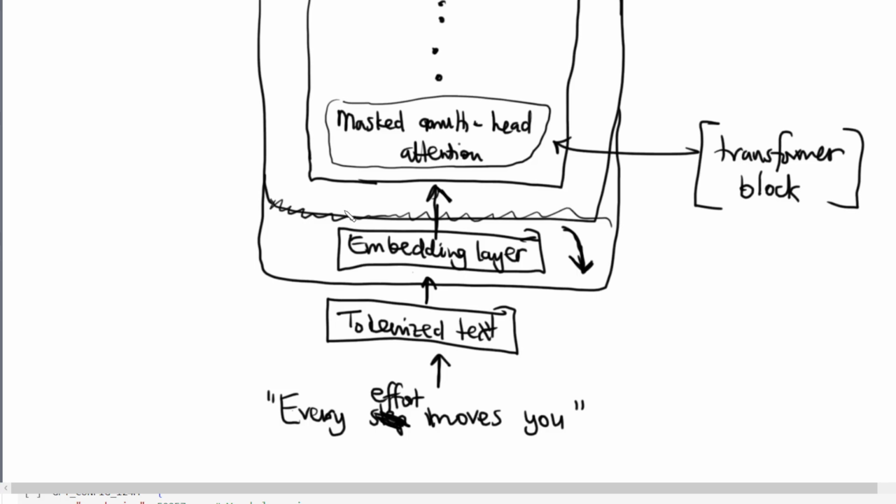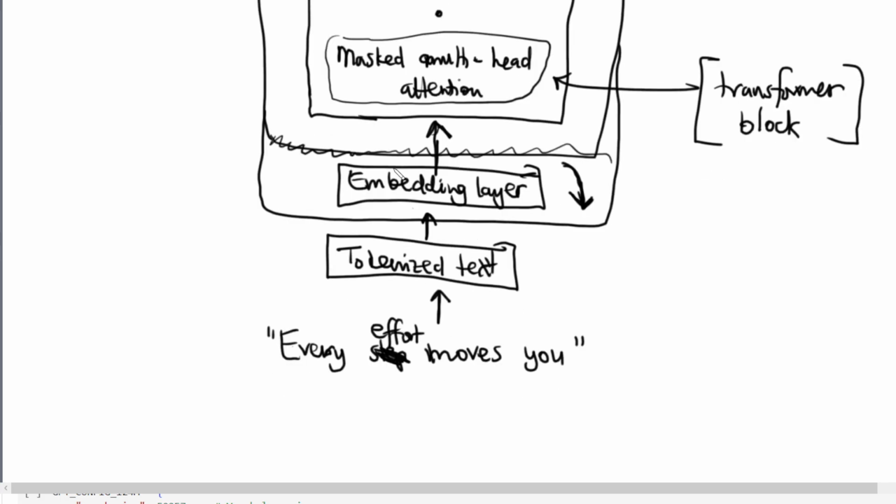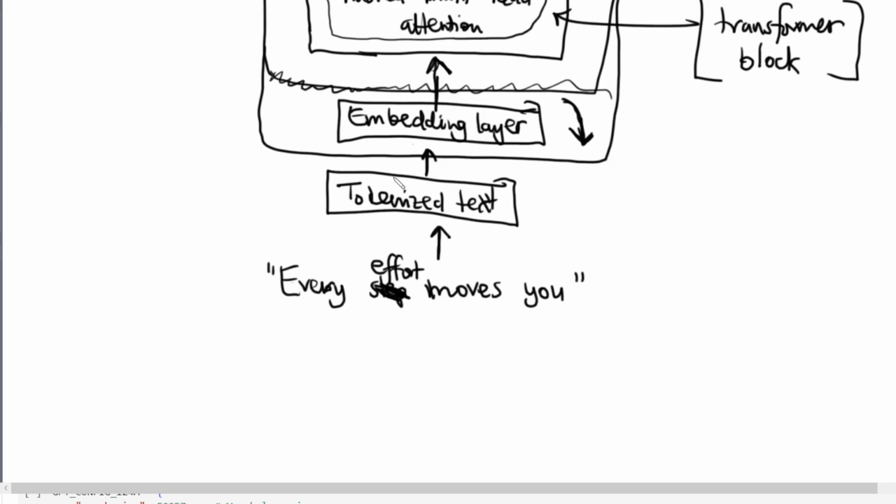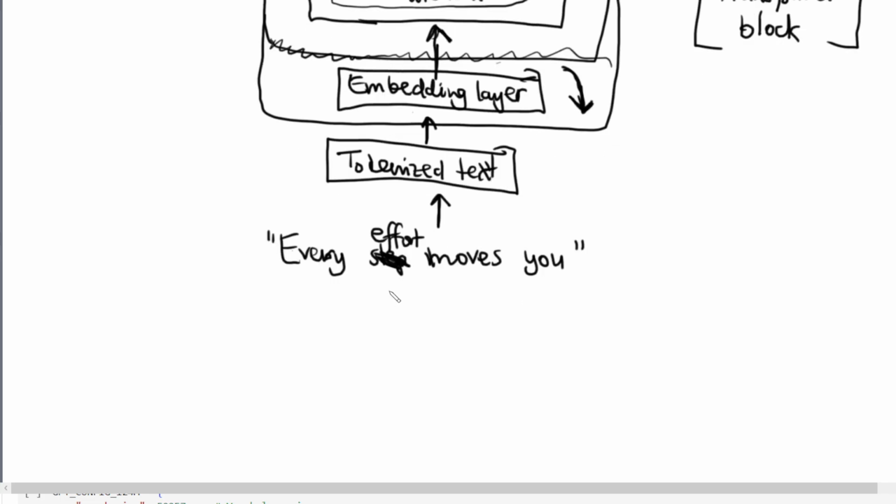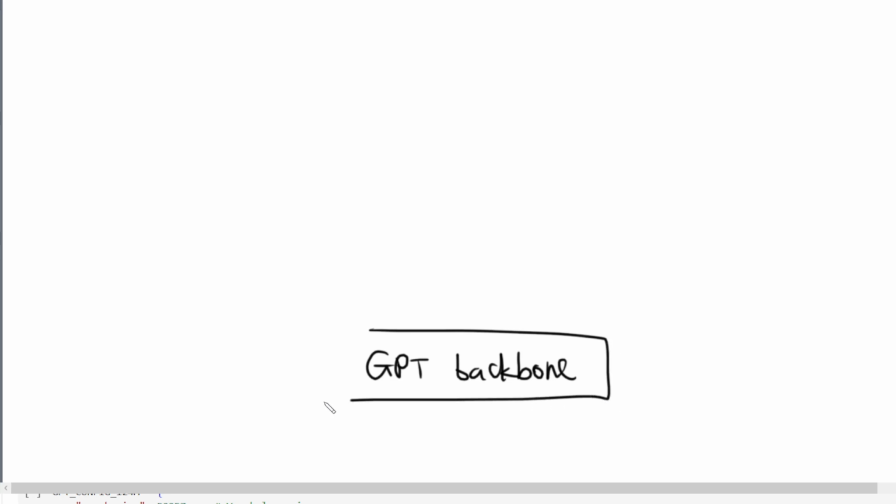Now we are going to see what these dots are, the parts that we're going to do in this chapter. In this chapter, we are going to create a GPT backbone. It's just going to be the backbone of what a GPT model is. That's what we are going to build first, and then we'll start adding.